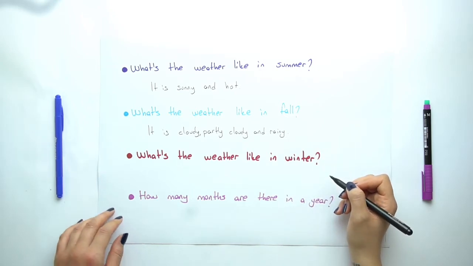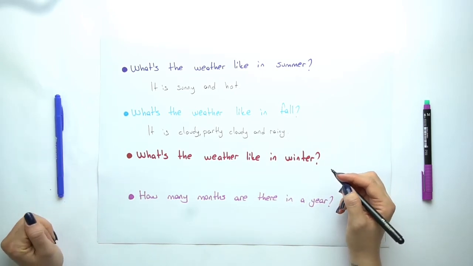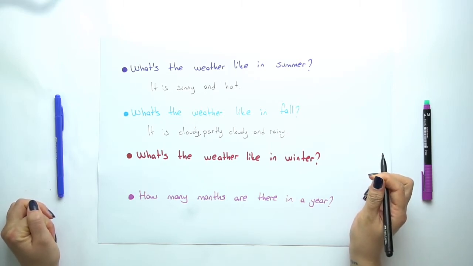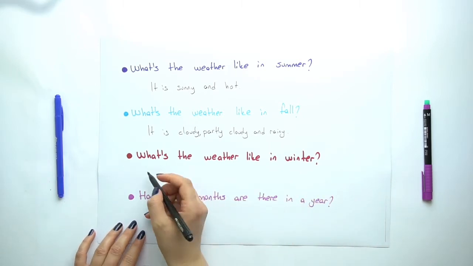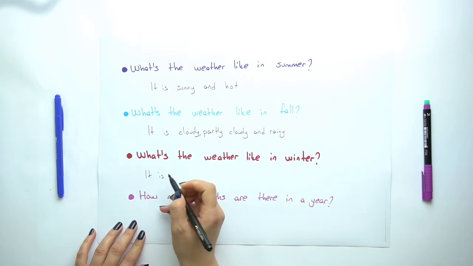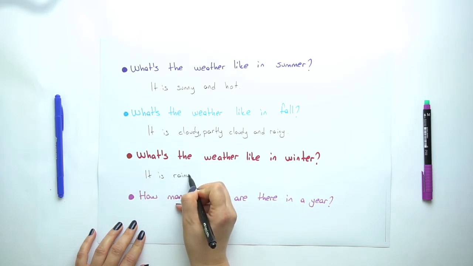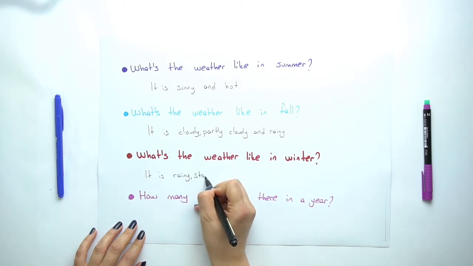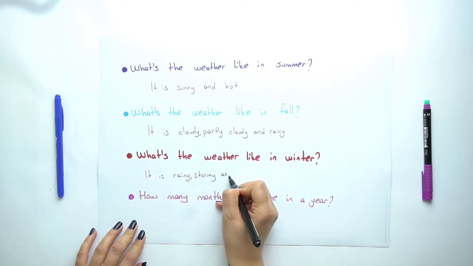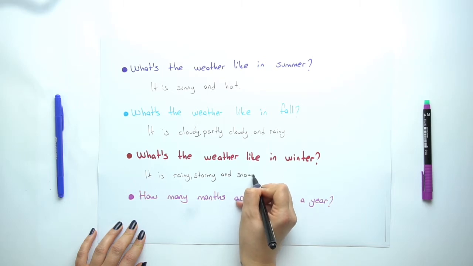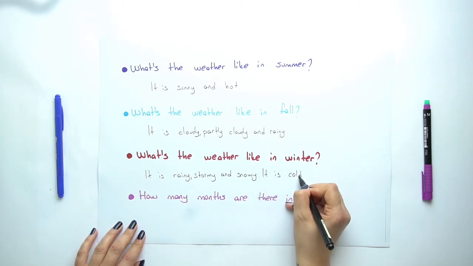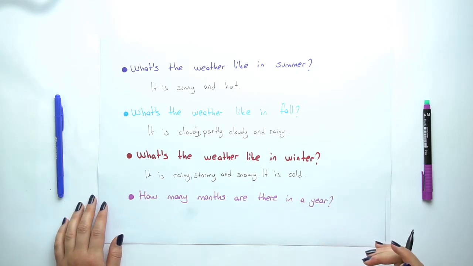It is also cold in fall. What about the winter? How is the weather in winter? In winter, it is rainy, stormy, and snowy. It is also cold in winter.